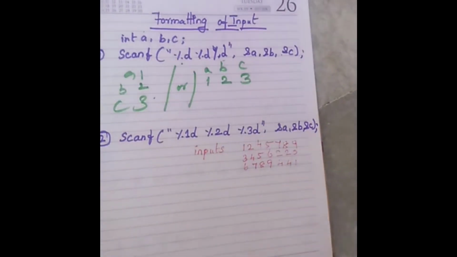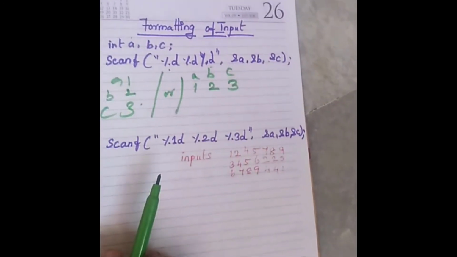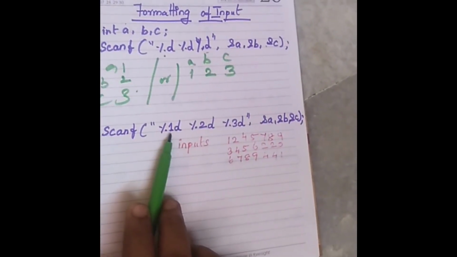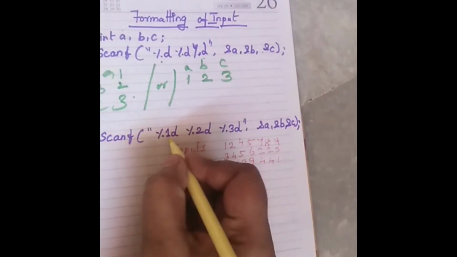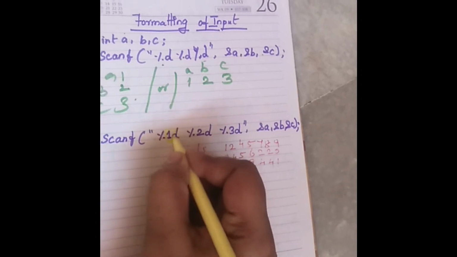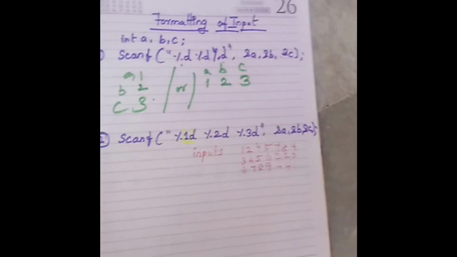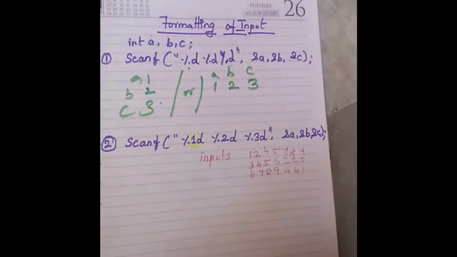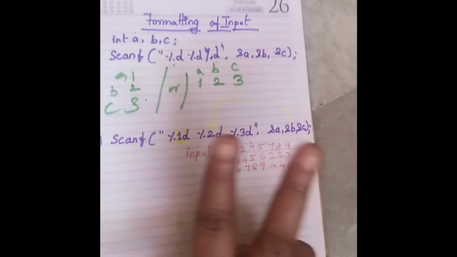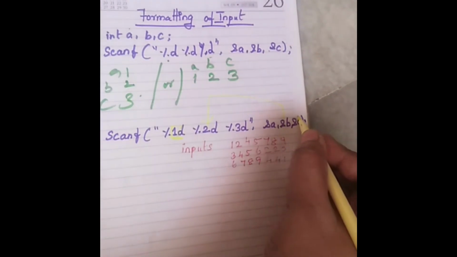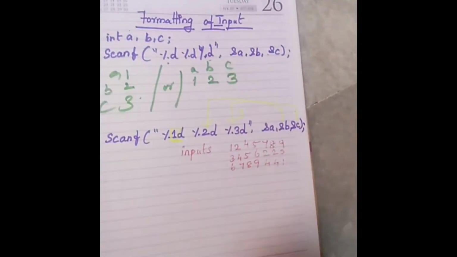Let me consider these examples. What is the example? %1d can represent how many digits we are going to read. Only one digit we are going to read for a. Next, for b we are reading only 2 digits, and for c only 3 digits.